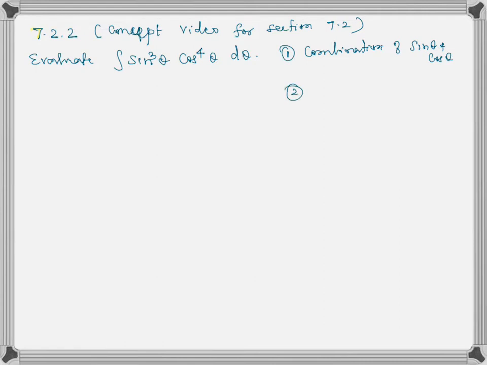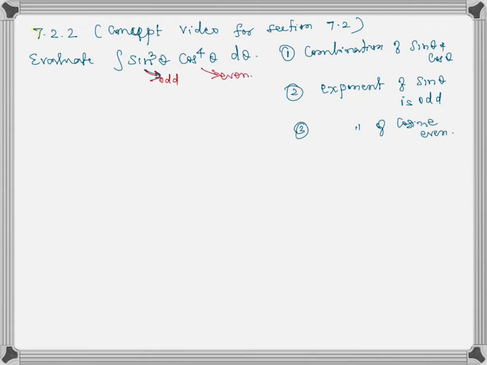And then the exponent of sine is odd, and the exponent of cosine is even. So this is an odd exponent and this is an even exponent.